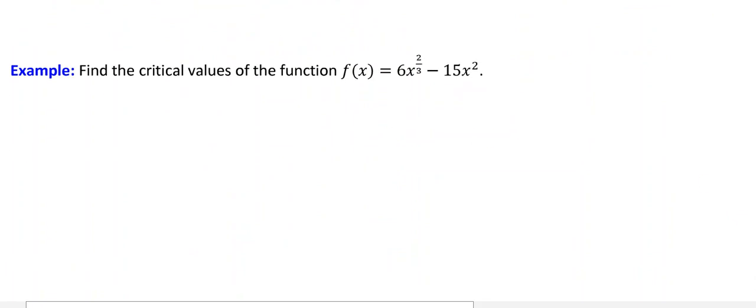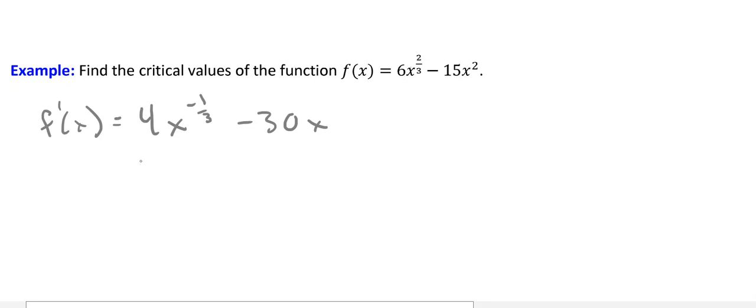In this problem, the algebra is just going to be a little bit more difficult. Finding the first derivative, we're going to have, let's see, 6 times 2/3 is 12 divided by 3 is 4. 4x to the negative 1/3 minus 30x. Now, what about division by 0?